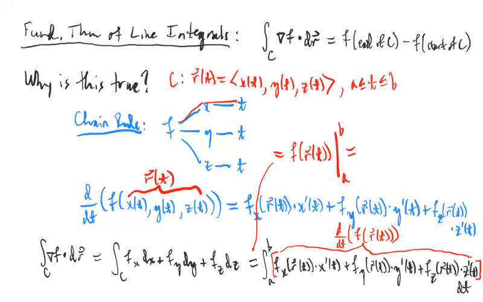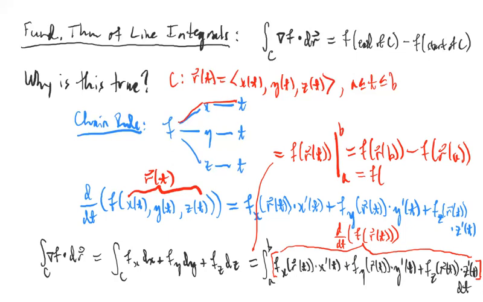And lo and behold, this ends up being f of r of b minus f of r of a, which is just another way of saying f evaluated at r of b, the end of the curve c.